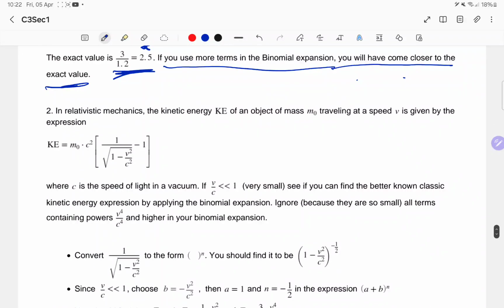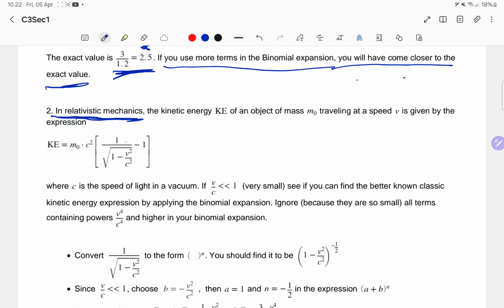So let's look at number 2. In relativistic mechanics, the special theory of relativity, it's a concept in physics. It's a very beautiful concept. You have special relativity and general relativity.